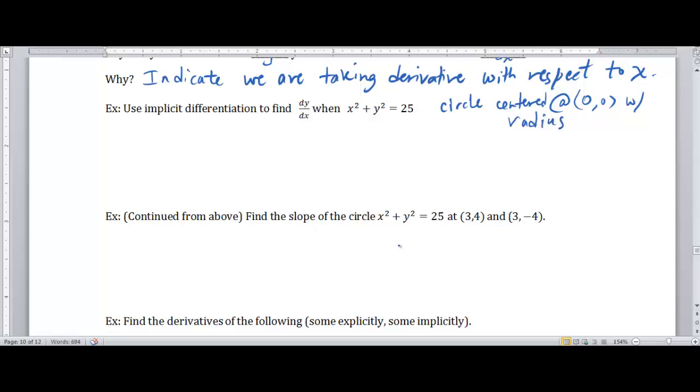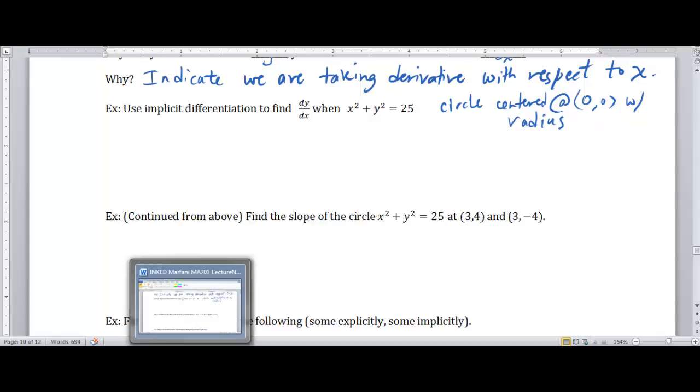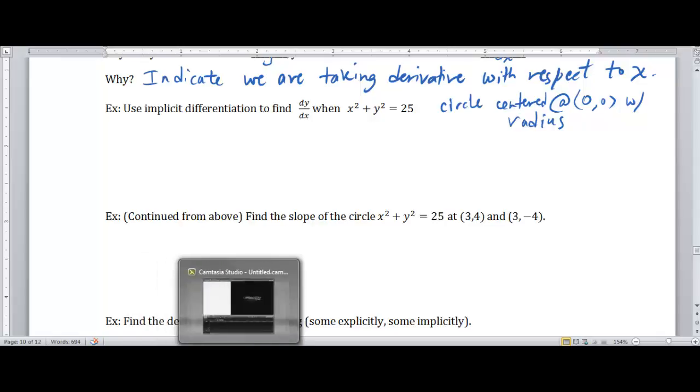Let me take the derivative of this explicitly. So let me just pull up another page here. And so it was x squared plus y squared equals 25.